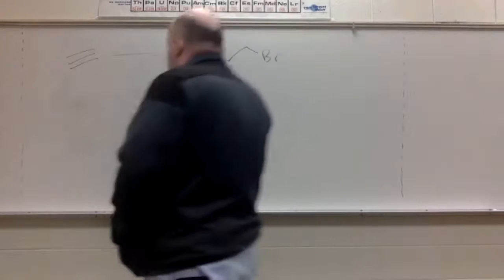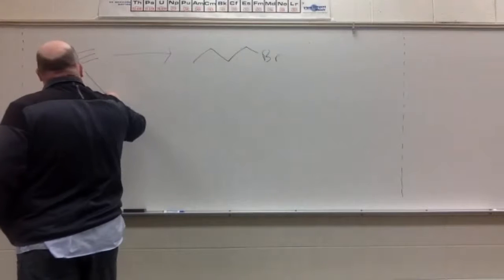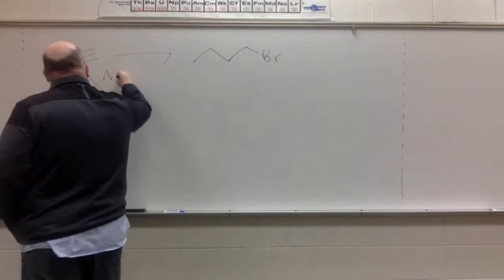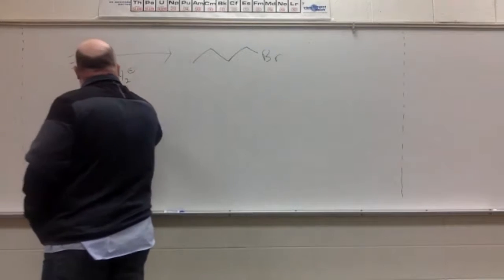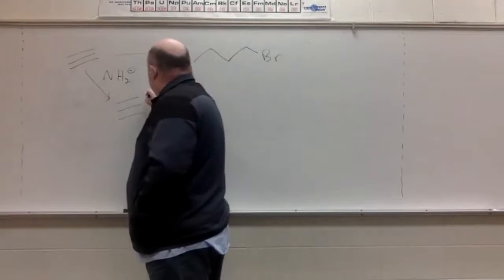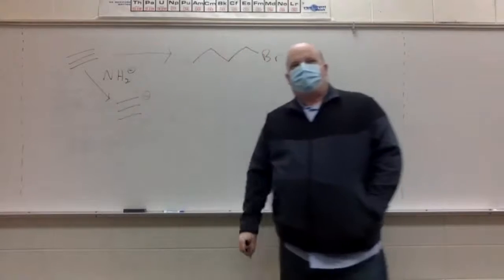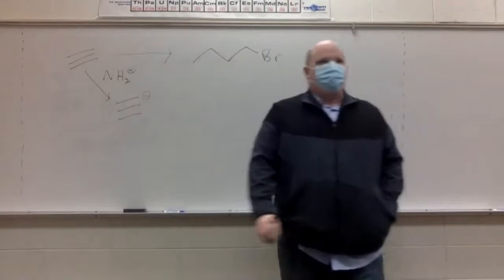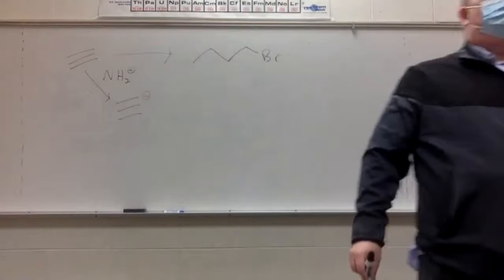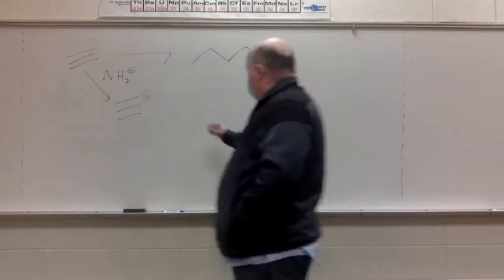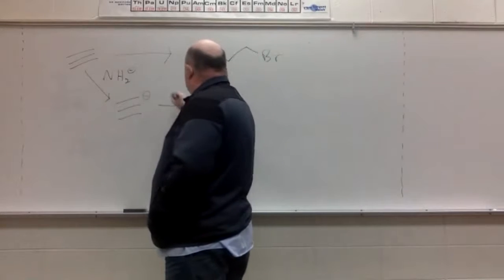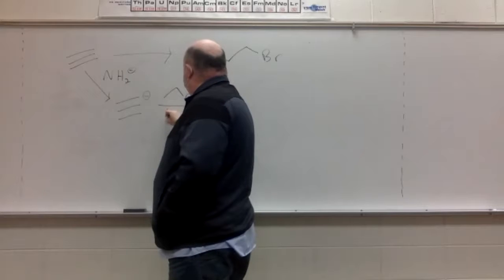NH2 minus, we're making acetylide. Yep. And we want to extend that carbon chain. How do we do it? Alkyl halide. How many carbons do you want? 2. All right. Your wish is my command.